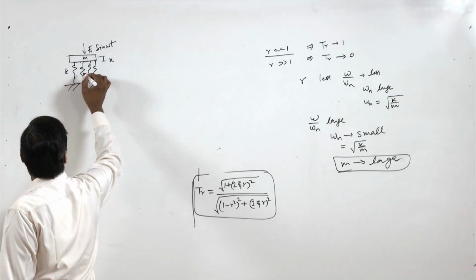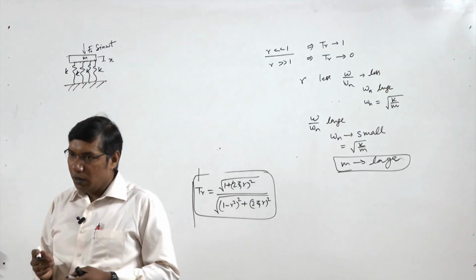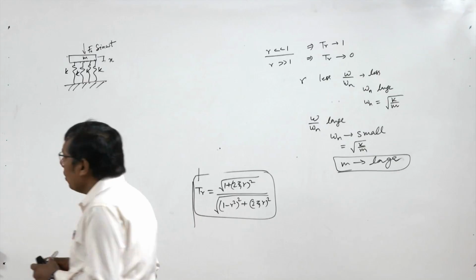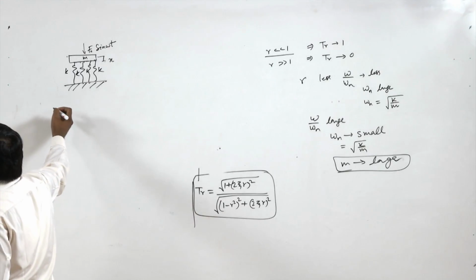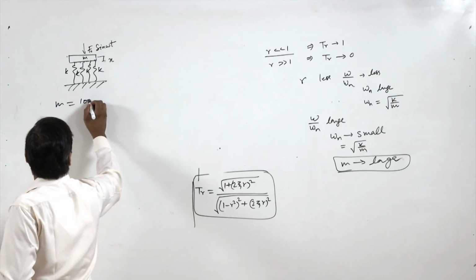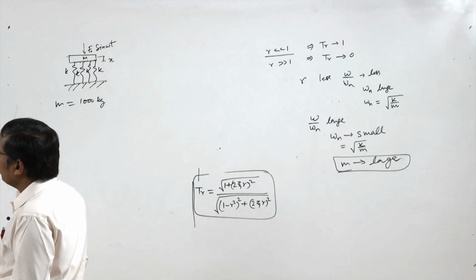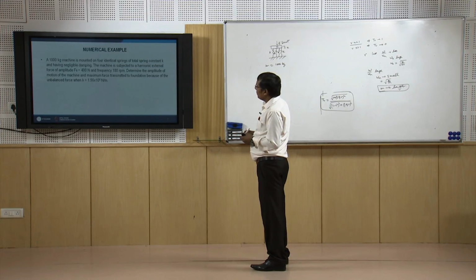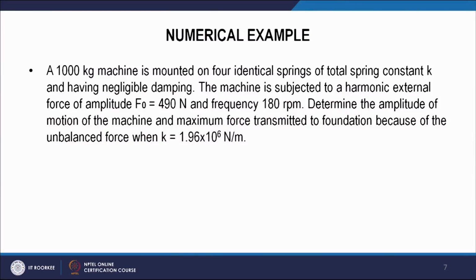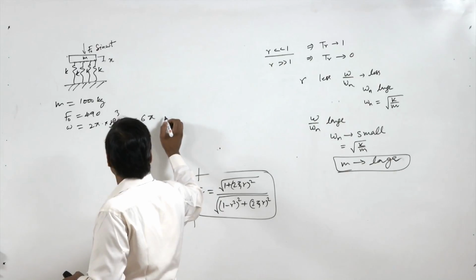Each has the same spring constant K. So we have M equal to 1000 kg and 4 springs with spring constant K. The machine is subjected to a harmonic external force of F0 equal to 490, and the frequency is 180, so omega is 2 pi into 180 by 60, which is 6 pi radian per second.